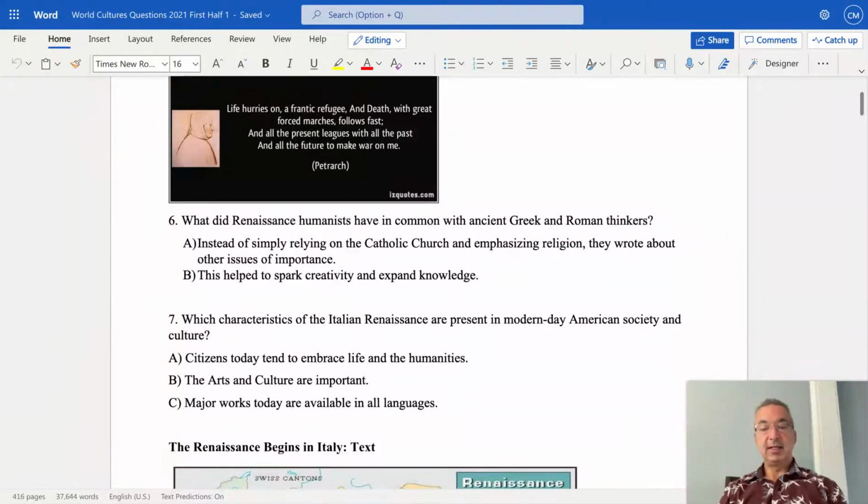Citizens today tend to embrace life and the humanities, and you have several aspects of the humanities within the required curriculum that you study at the high school. Arts and culture are very important within society today. Many of the major works that were written during this period of time, either during the Renaissance or even during ancient times, are available in multiple languages.